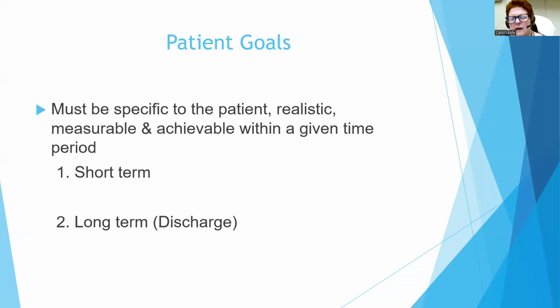So when you're looking at that patient and you're talking to that patient, you need to establish goals that you and the patient feel are important. They must be specific to the patient, realistic, and measurable and achievable within a given time period. So you can have a short-term goal.